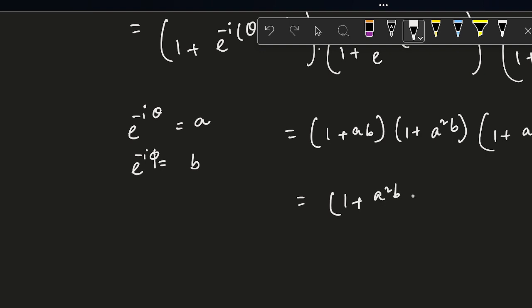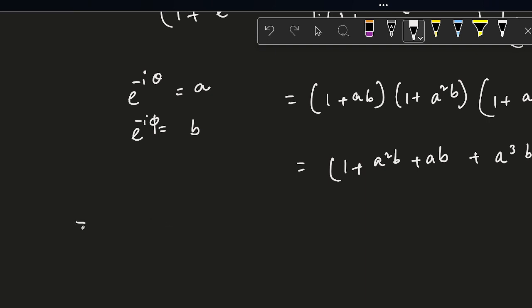It is a squared b plus ab plus a cubed b squared. Then for the last two product terms, you get 1 plus a to the power of 4 b, then a cubed b plus a to the power of 7 b squared.